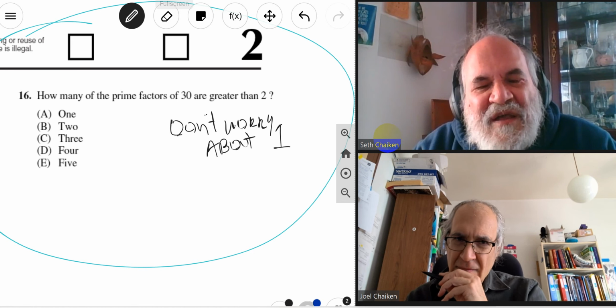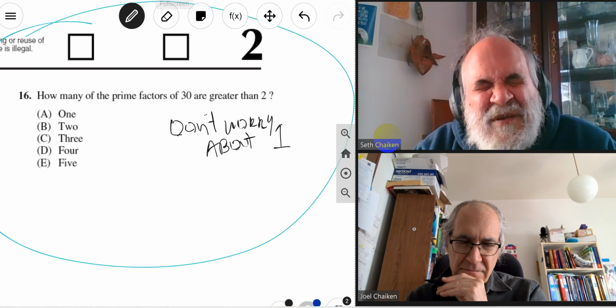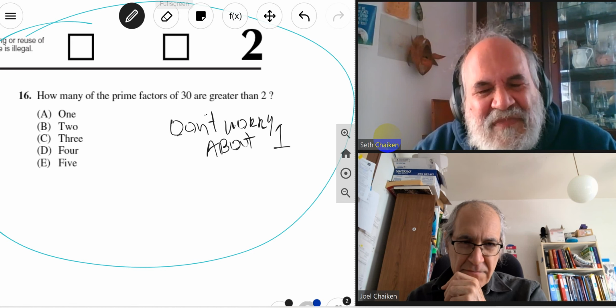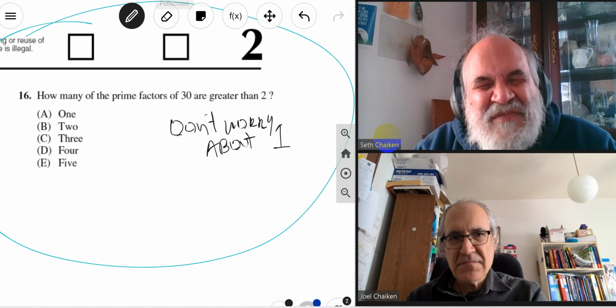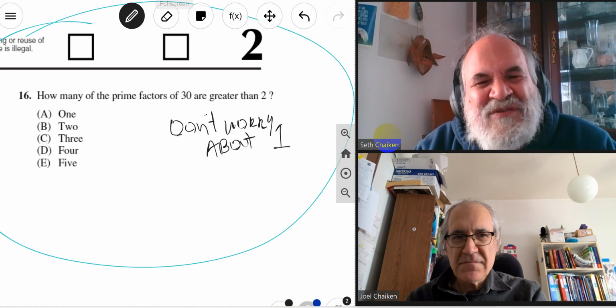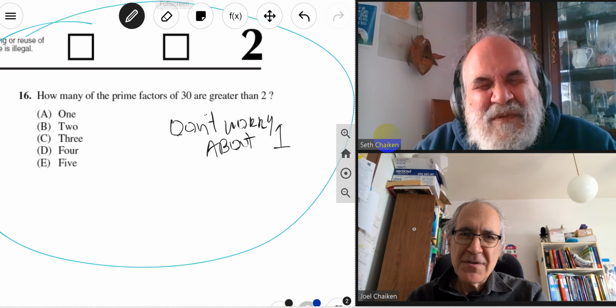When this is put into a broader mathematical context, what we're talking about is a ring, and 1 is a special kind of element in a ring called a unit, which is an element that has a multiplicative inverse.